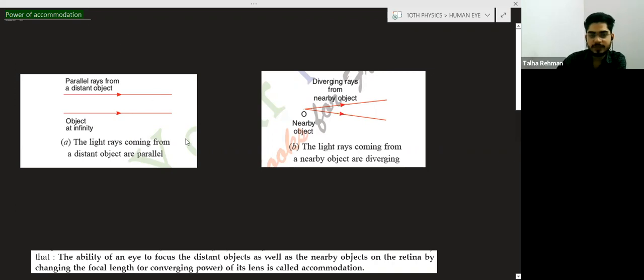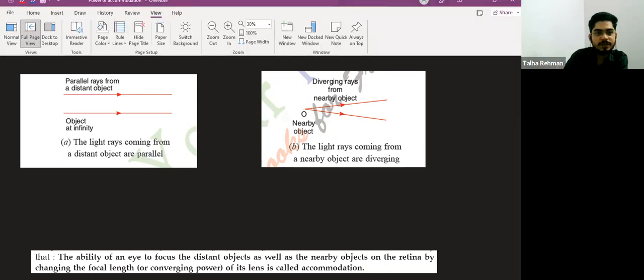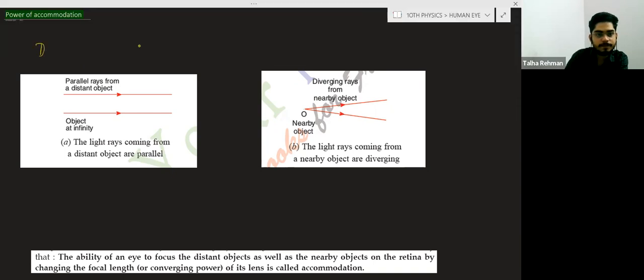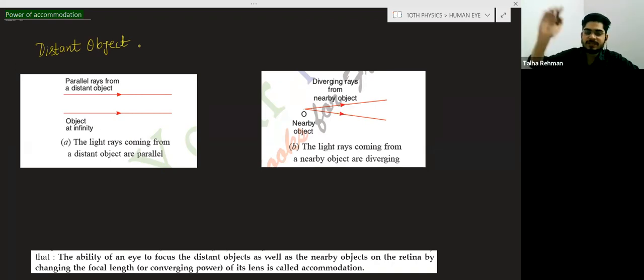Before the power of accommodation, you should know a certain number of things. First, the distant object. Distant object means an object which is very far from you, at a very large distance.